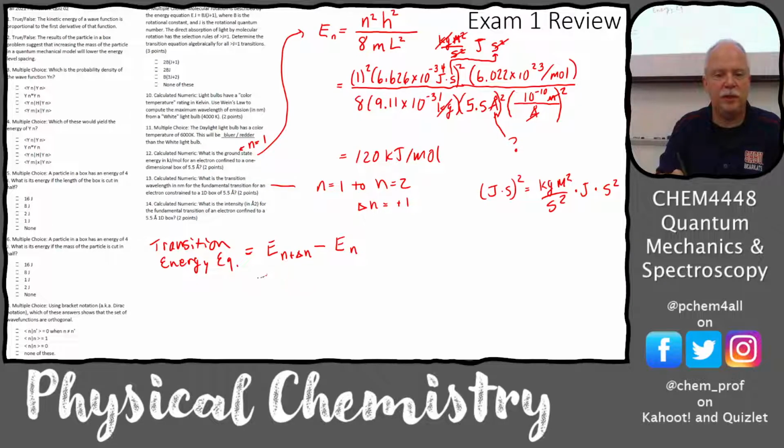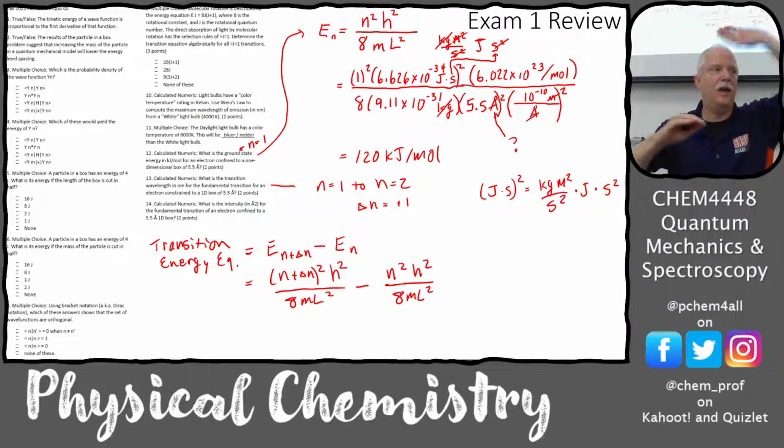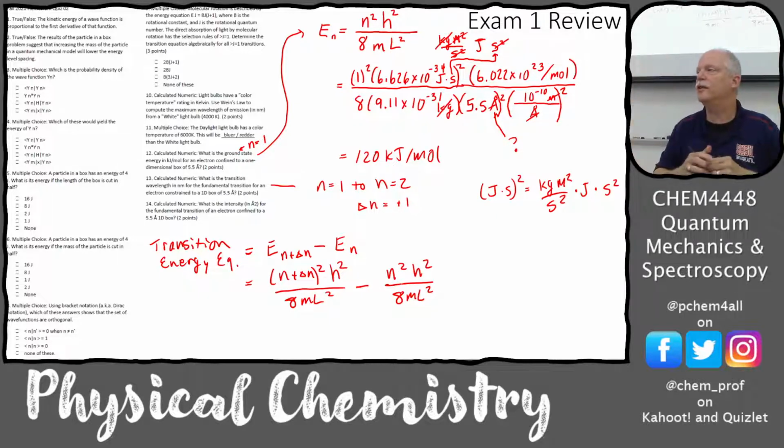We put this piece in. So we have in parentheses n plus delta n squared, h squared over 8mL squared minus n squared h squared over 8mL squared. Does everybody see what I've done? I've taken the upper level energy and the lower level energy, and I've taken the difference. That's what the transition is. It's always a difference between energy levels.